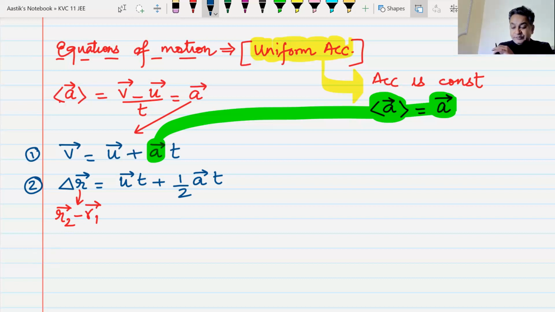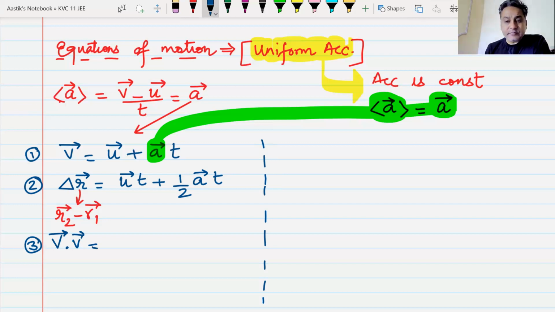Now, the third equation, can anyone tell me the third equation? The third equation, which you might have seen and which I am going to write in the vector form, might look a bit different, but I can't help it. I have to write it like this: v dot v. This is a dot product. Have you heard about dot product of vectors? Well done.